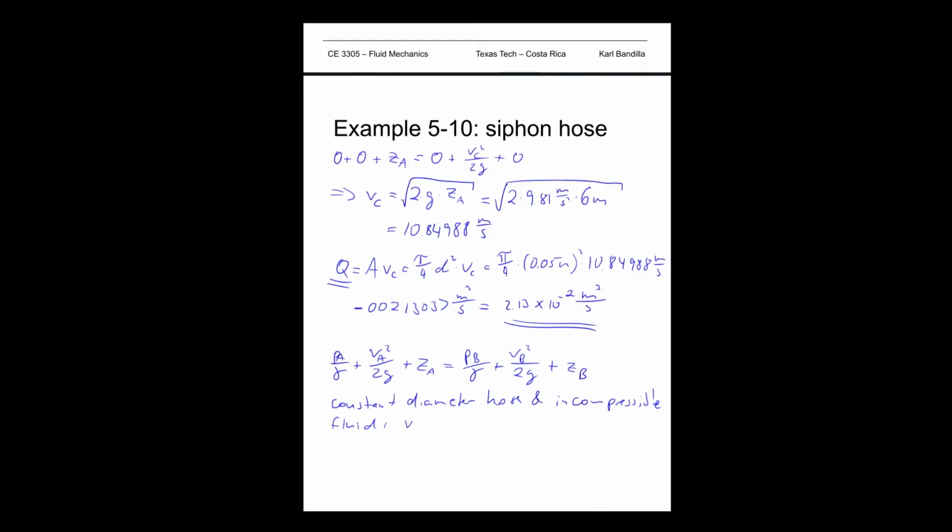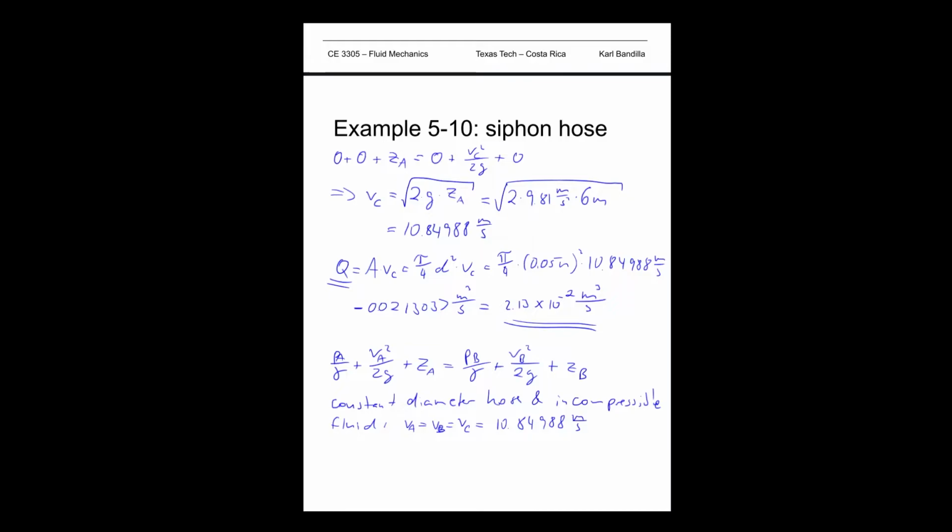So we know VA is equal to VB is equal to VC. You can give the number there, 10.84988 meters per second.